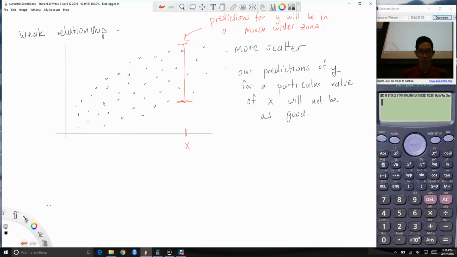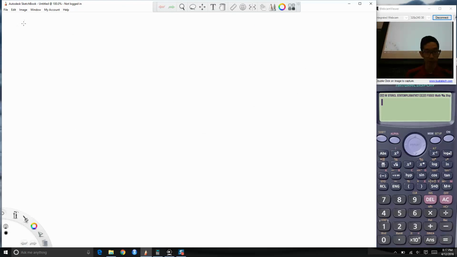Okay, let's talk about the last aspect of describing a relationship, and that will be the form of a relationship. Form can either be linear or nonlinear.